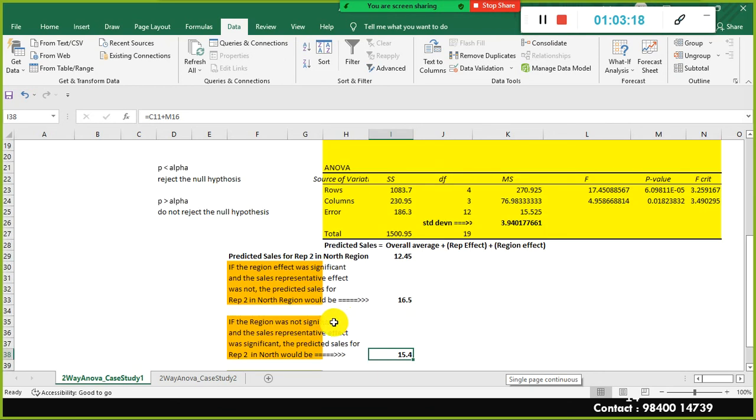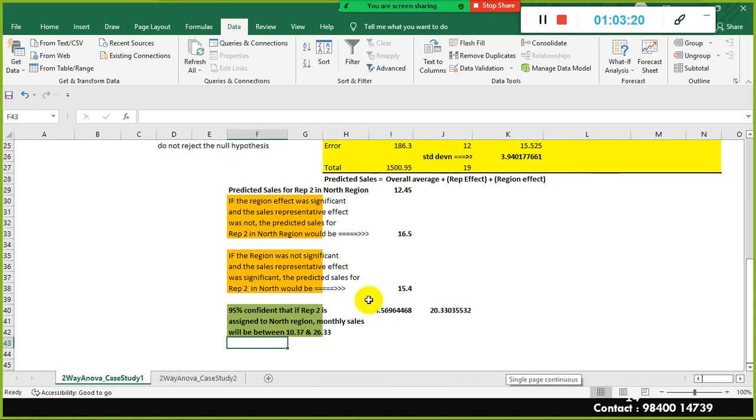And now we need to use the 95% confidence. We cannot say always we can achieve 16.5. If I deploy a salesperson in north region, and if I consider rep 2's effect is nothing, is this the sales I am going to achieve just because of region, or is this the sales that I can achieve because of the salesperson influence?